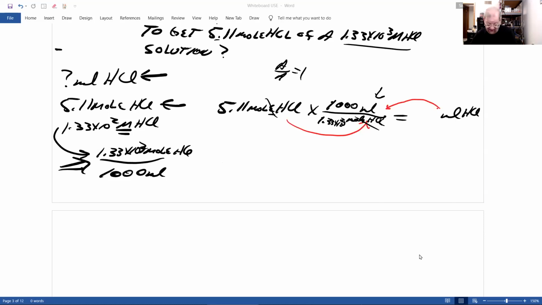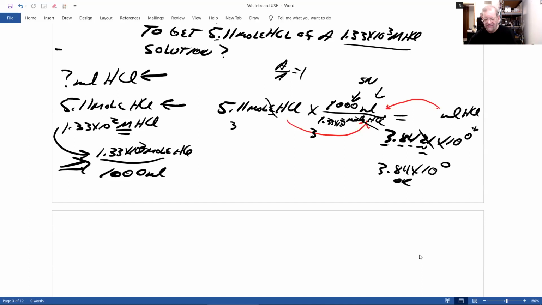And what I get on my spreadsheet is, 10 to 0 is 1, but you can keep it, round this off to 3 significant, 3 exact number. Keep the 3, keep the 8, keep the 4, use that to round off, it's 4 or less. And it'd be 3.84 milliliters.